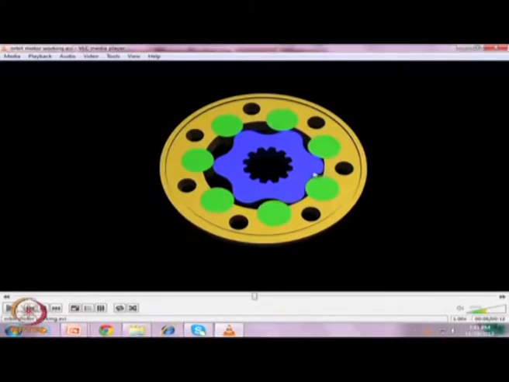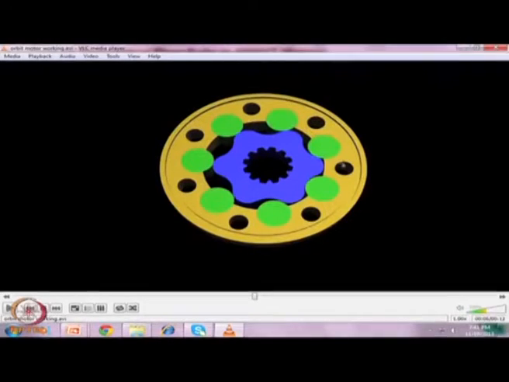This chamber was at its top dead center when the shaft rotational angle was 0, whereas this one will be at its bottom dead center. The shaft rotation can be calculated as pi divided by the number of lobes on the envelope into the number of lobes on the epitrochoid, that is, the star and the ring numbers.